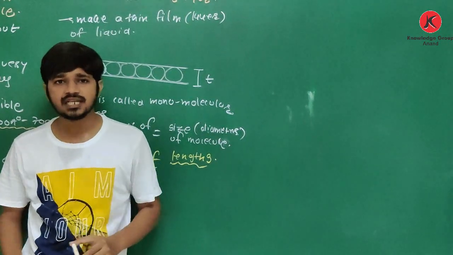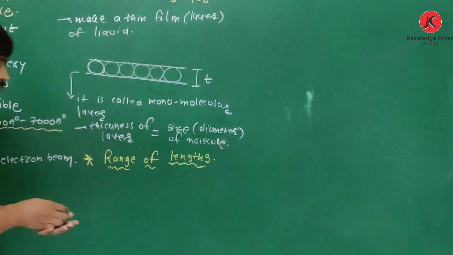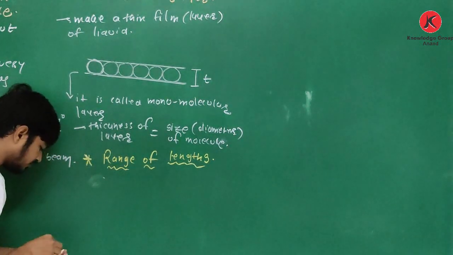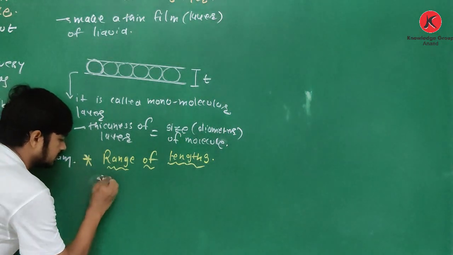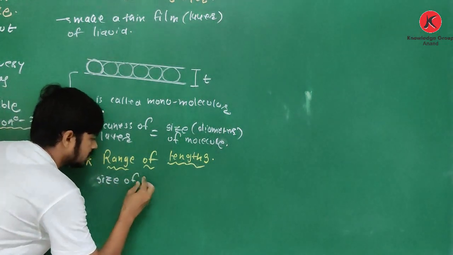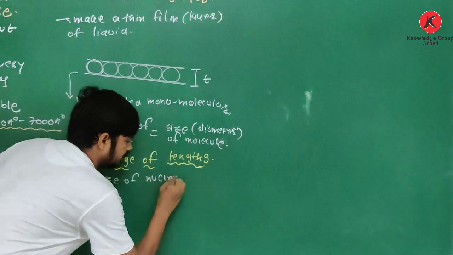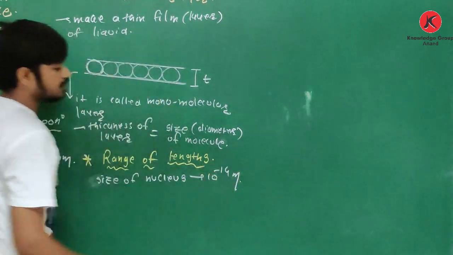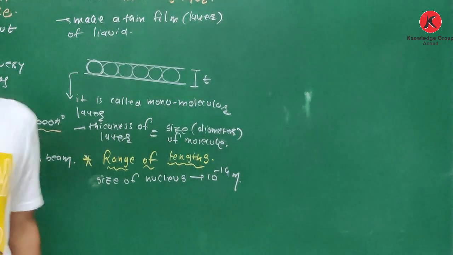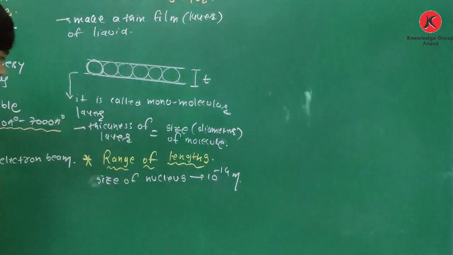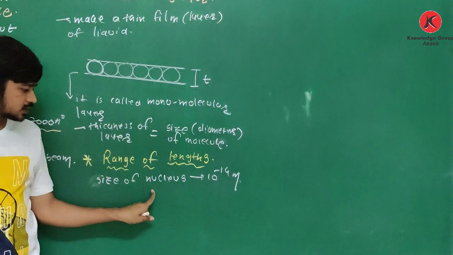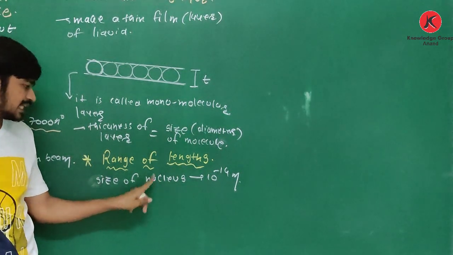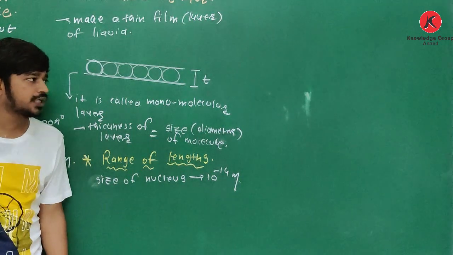It is the nucleus, and the size of the nucleus is about 10 raised to minus 14 meter. So right now the smallest length is the size of the nucleus, about 10 raised to minus 14 meter.